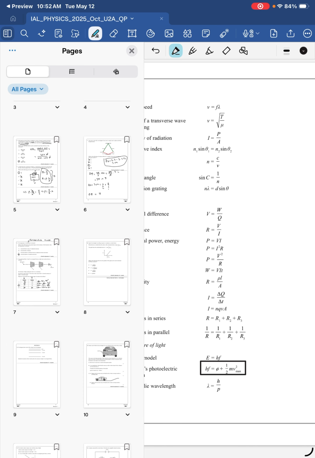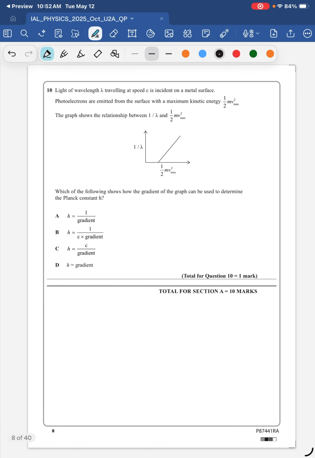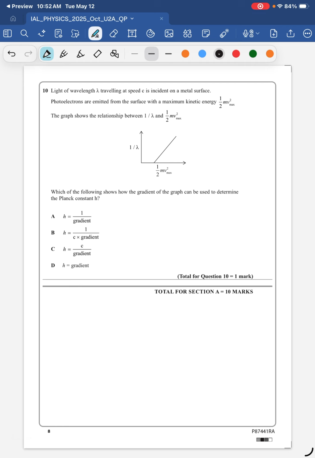Let's go back to the paper. All right, so the photoelectric equation is hf equals the work function plus 1/2 mv max squared.